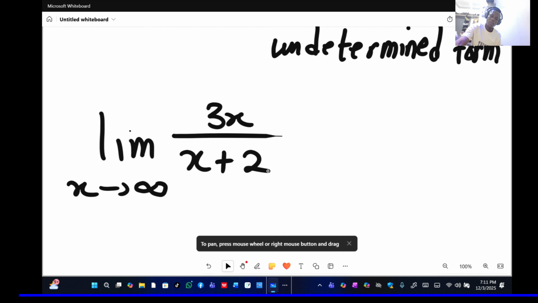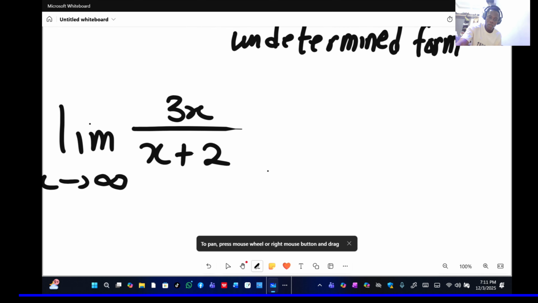So let's just look at how best we can evaluate this. For you to be able to evaluate this, you need to identify the variable with the highest power. That is the x with the highest power.